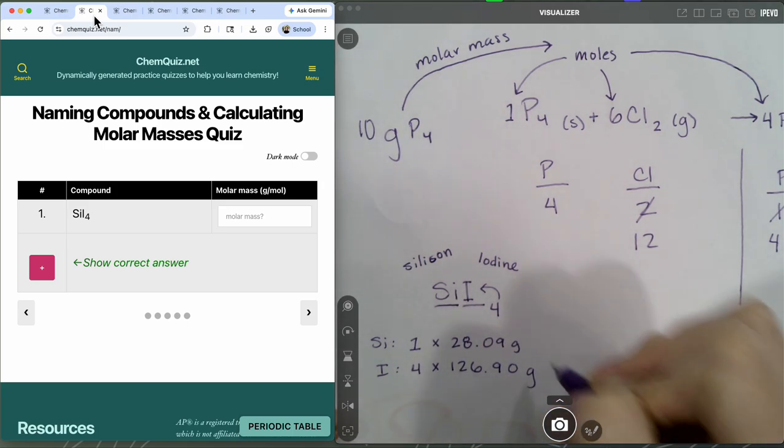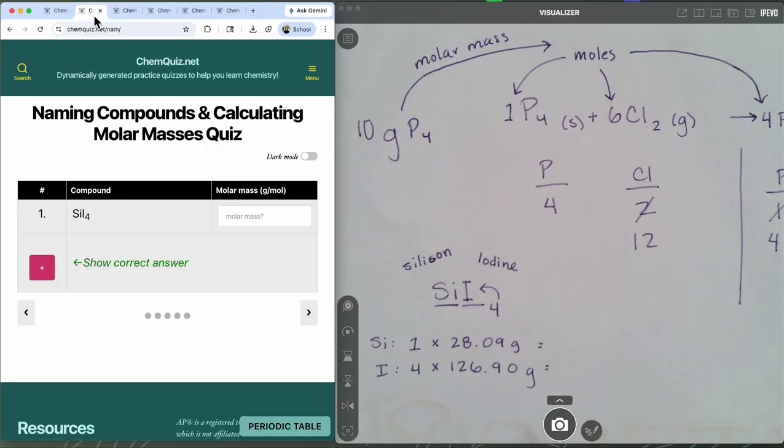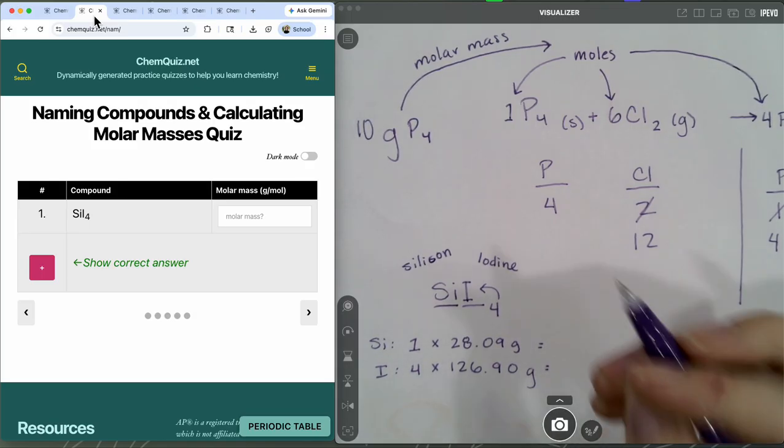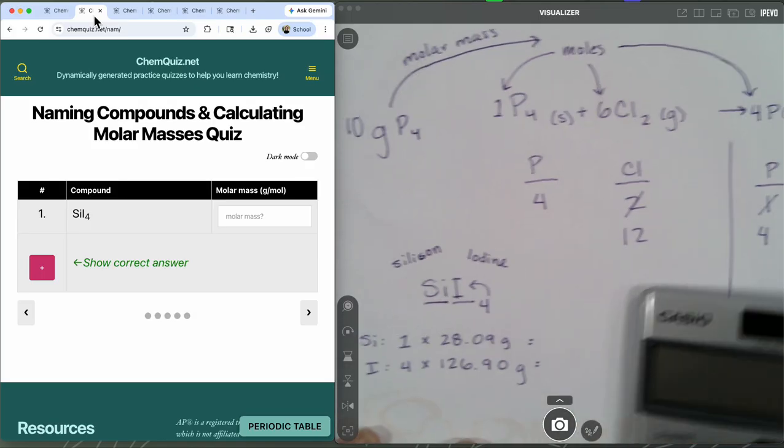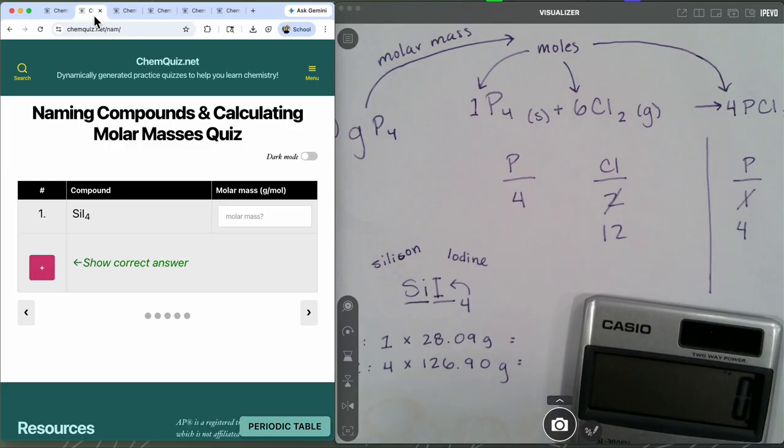Okay. And then we're going to type that in the calculator because we wouldn't dream of doing mental math in chemistry. I got 507.6. That's for the whole thing? For the whole thing. Okay. Well, I'm not quite that quick, so I'm going to double check math for you.